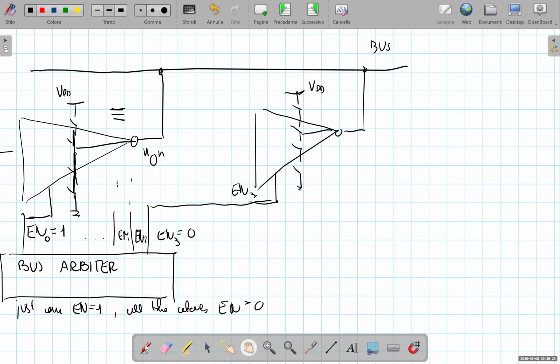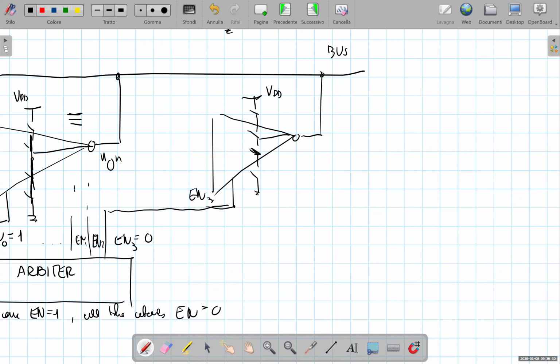All the other gates instead, in particular this one which is highlighted here, are not enabled. That means that the two switches that connect the pull-up network and the pull-down network are open, so the output is in a high impedance state and does not affect the voltage, the operation of the bus, is in practice disconnected from the bus.